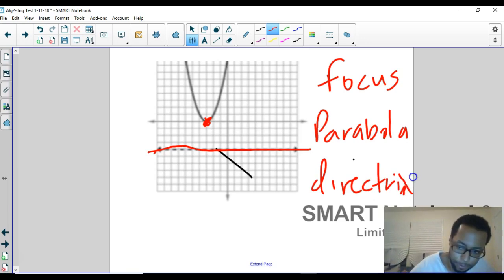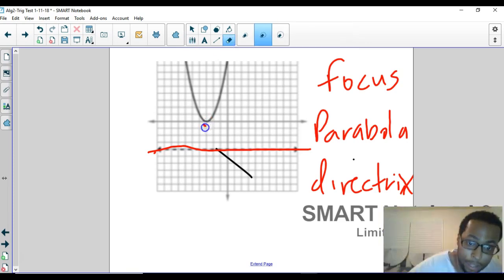In the middle of all this is our parabola, underneath is our directrix, and above is our focus. The best way to do this is to understand the idea of being the same distance. So let's count for a second.